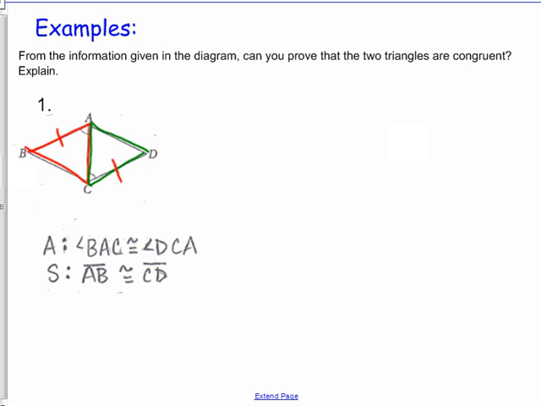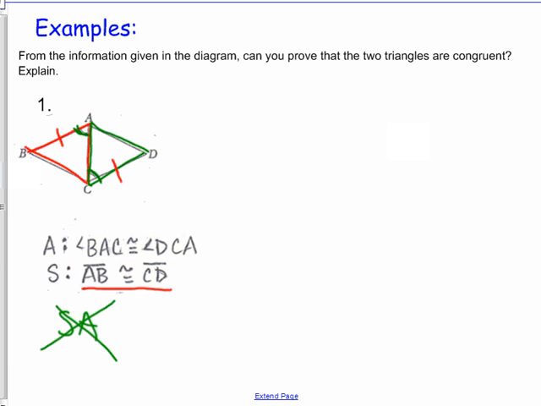That's given to us right here. Then I've got this angle and this angle are congruent. That's given to us as well. All right, well, there's no theorem that says they can be congruent by side angle. That's not true.